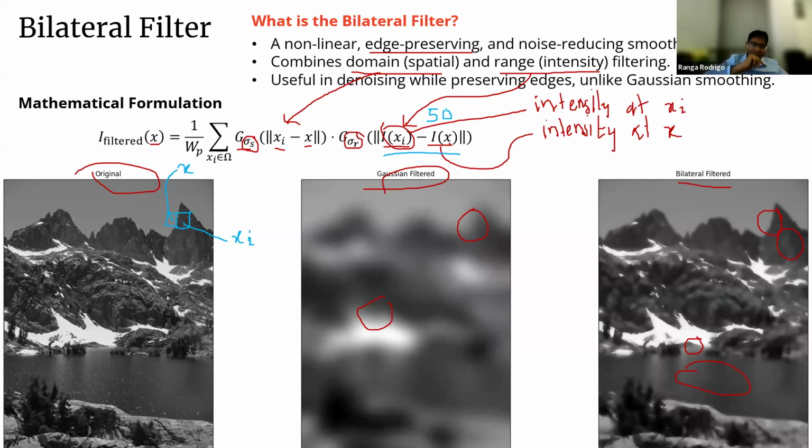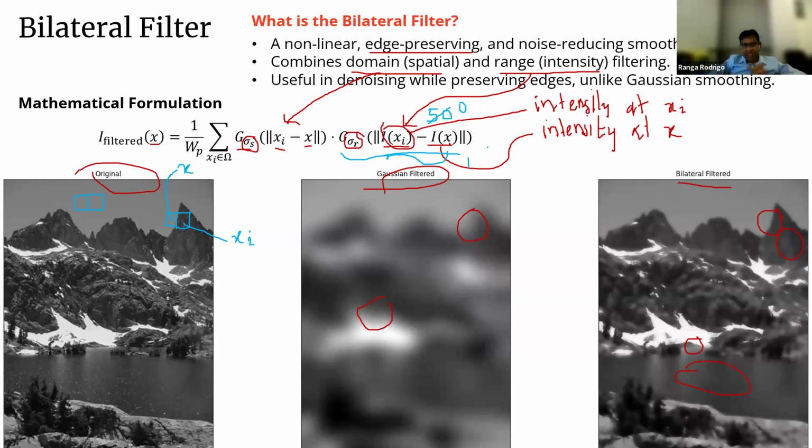Smoothing does not happen because of that 0. But if you take an area somewhere here, you take two close by pixels x and xi, the intensities are the same. So for that, you will get a difference of almost 0. Then this Gaussian result will be 1, e to the power of minus 0 is 1. Then the smoothing will happen.